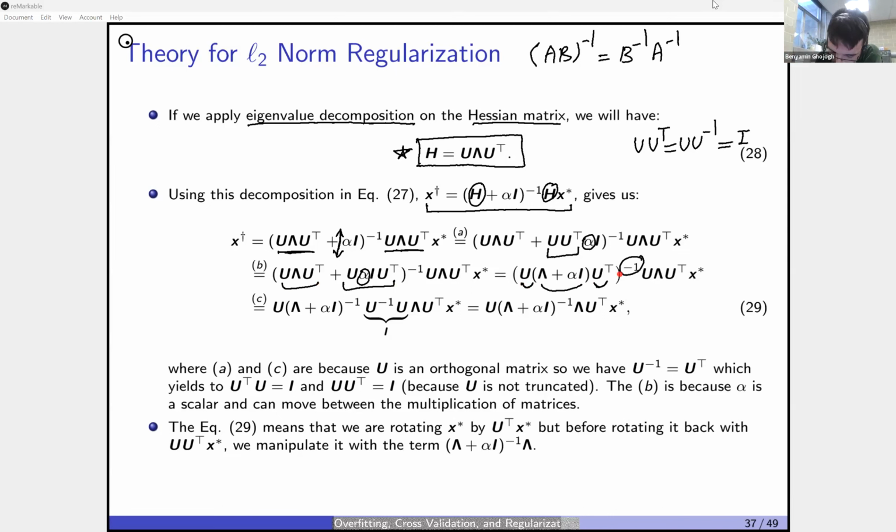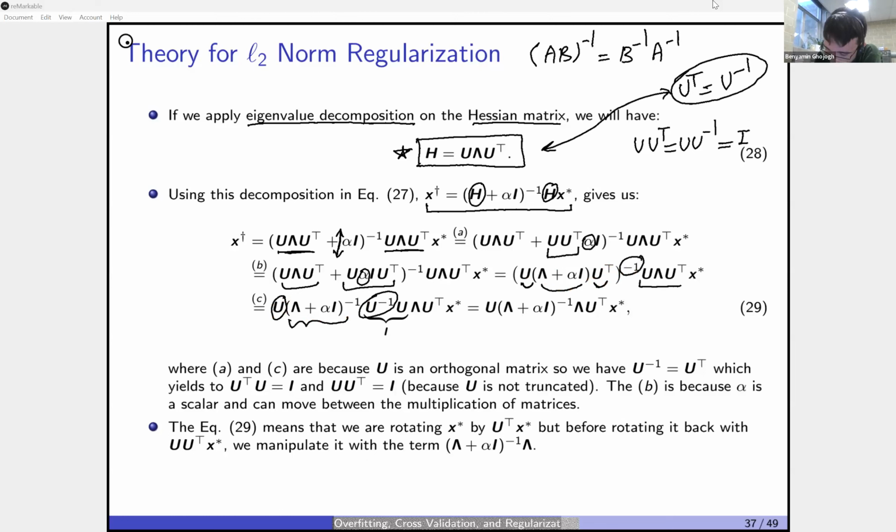Therefore, I will have U transpose. By the way, U transpose equals U inverse, because U in the eigenvalue decomposition is an orthogonal matrix. So you can see U transpose as U inverse. U inverse inverse becomes U. Then this term inverse, we have it here. Then this term inverse, which is here, U inverse.